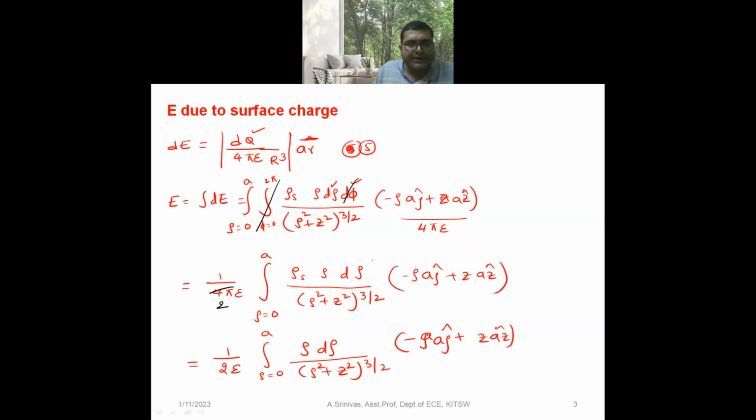Here rho s is remaining. You can bring rho s out of the integral as it is constant. Now let it be equation number 6. Remember equation number 6; from equation number 6 we'll start simplification in the next PPT.